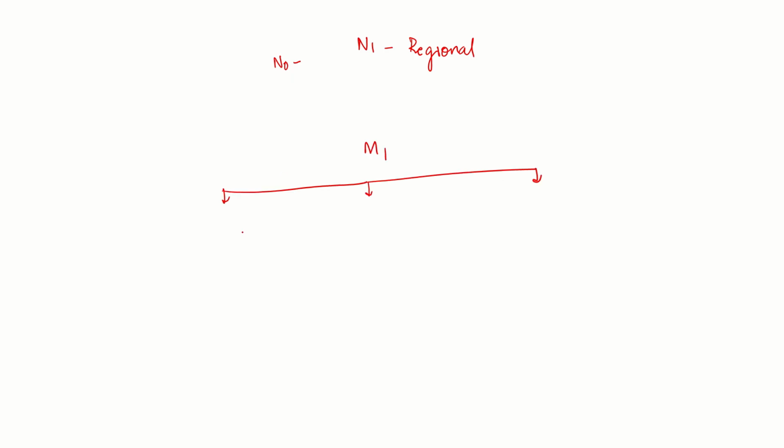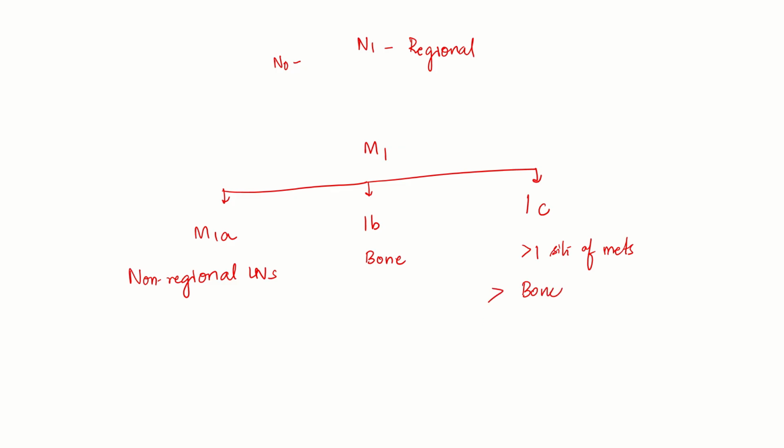M1 is further classified into M1A, 1B, and 1C. 1A is involvement of non-regional nodes, that is extrapelvic lymph nodes. 1B is bone metastasis. 1C is more than one site of mets, that is, if anything other than bone is involved, then it is called 1C.